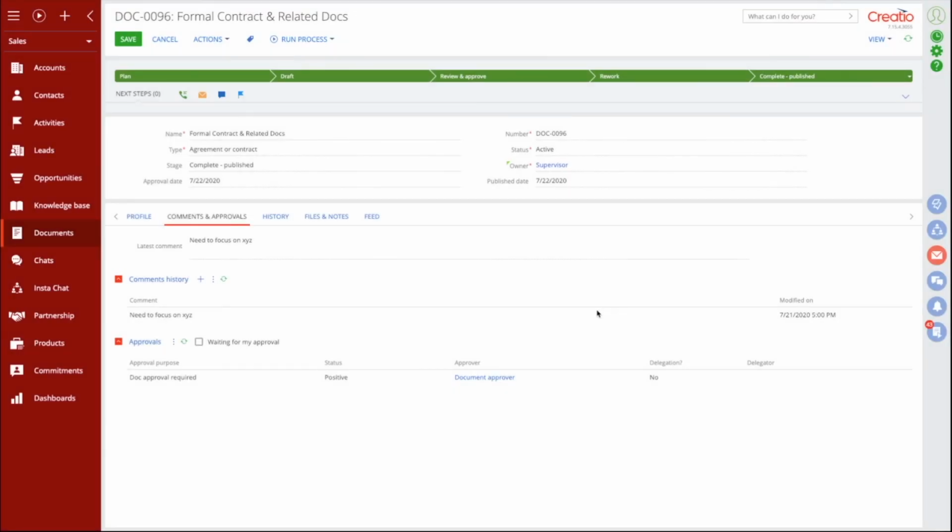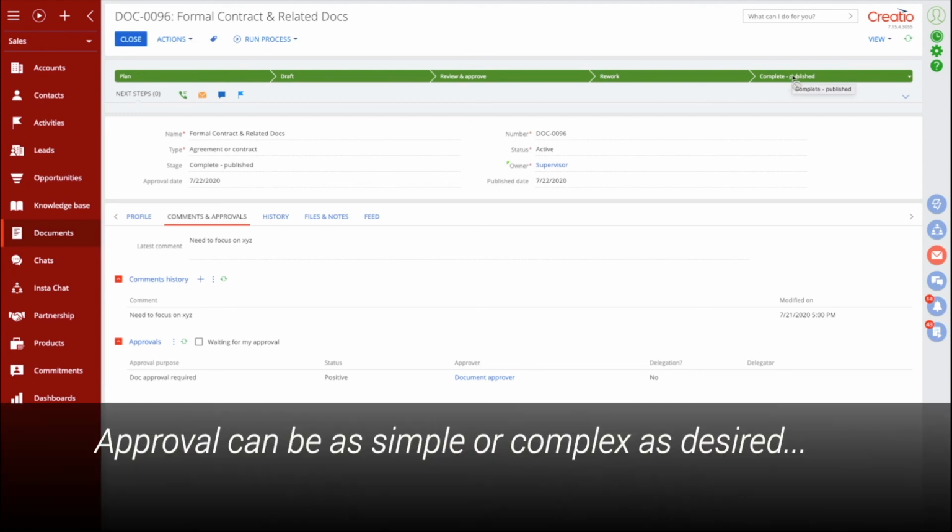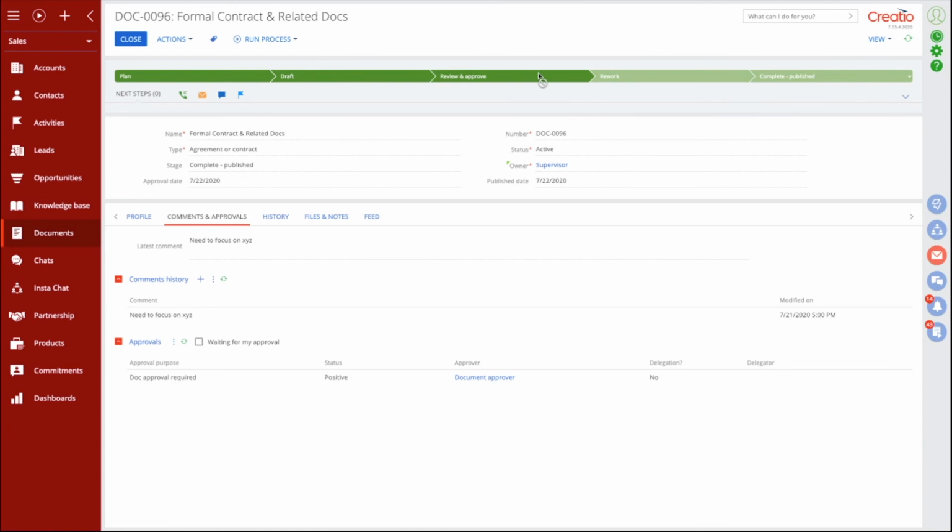Approvers can receive emails and or in-system alerts to let them know that they have to look at a given document. The approval process is another standard feature of the Creatio platform, not an add-on, as in other platforms if they have this kind of functionality at all.